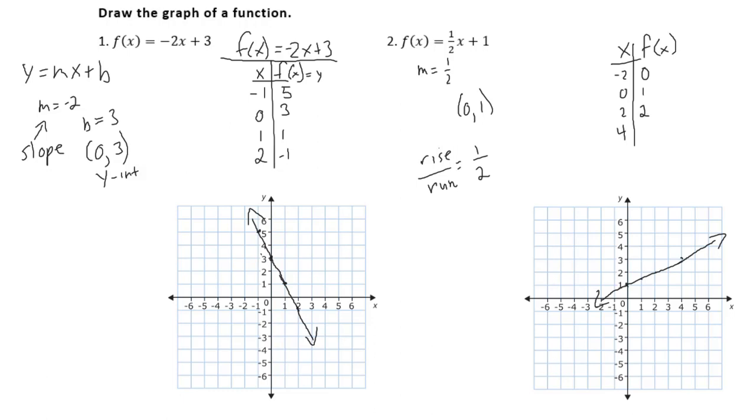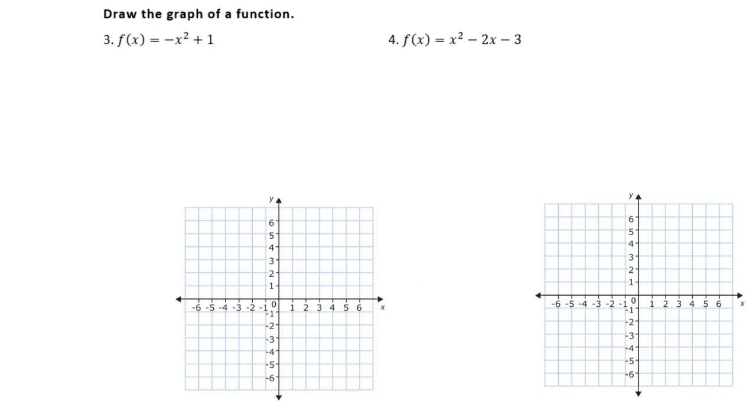Half of 4 is 2. 2 plus 1 is 3. So 4, 3 right there. 2, 2 there. 0, 1 there. -2, 0. All right, let's go ahead and look at some more examples. All right, the previous slide were all examples of linear, so they all produced straight lines. These are examples of quadratics.